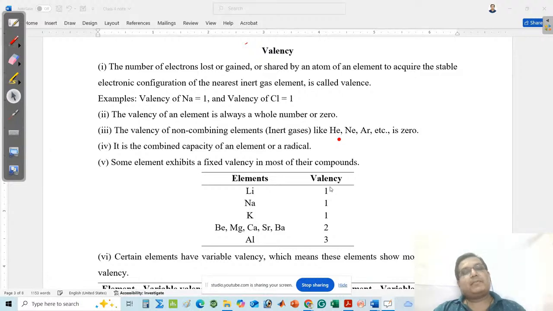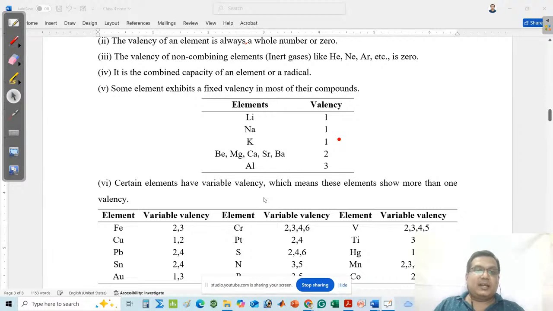There are some elements whose valency is fixed, and some elements whose valency will change. If you think about elements like lithium, sodium, potassium, barium, magnesium, calcium, strontium, and aluminum, these elements have fixed valency.